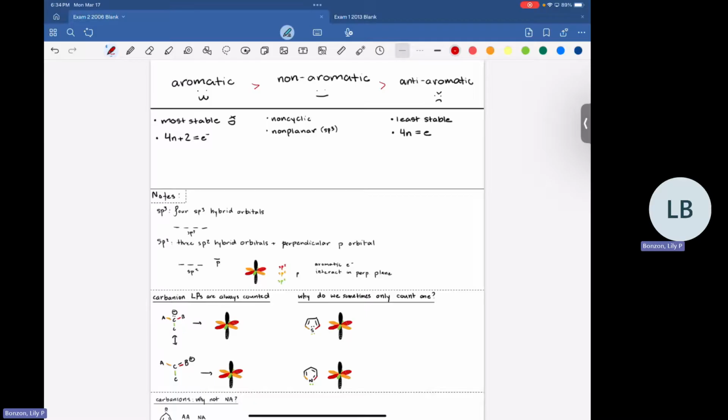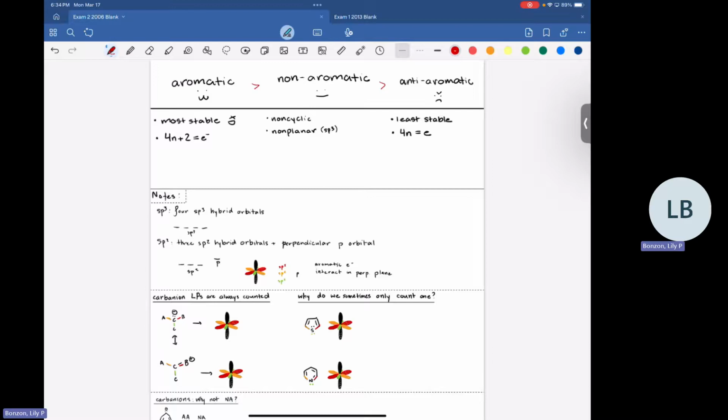In one resonance structure, maybe a molecule is sp3, so it would be considered non-aromatic, but in the other resonance structure, it could be sp2 and therefore aromatic. If you're given a choice, you're going to go with the more stable option, because the molecule is going to want to be in that form.